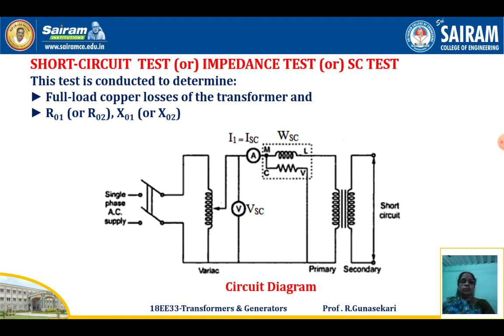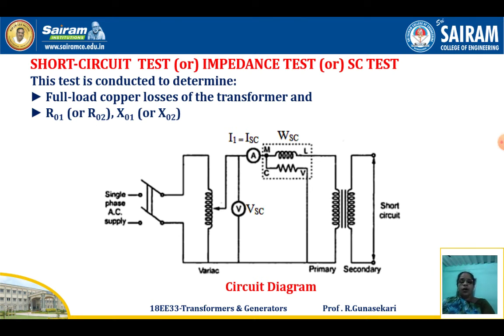Suppose all the meters are connected on the primary side, then I calculate R01, X01 and Z01, because all the secondary parameters are converted into the primary side, that's why they are referred to the primary only. That's why I calculated R01, X01, Z01.